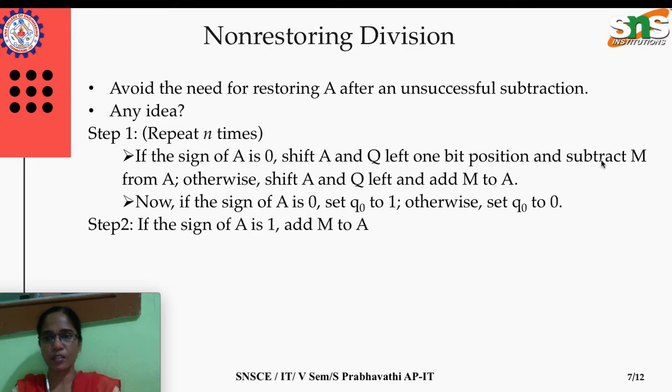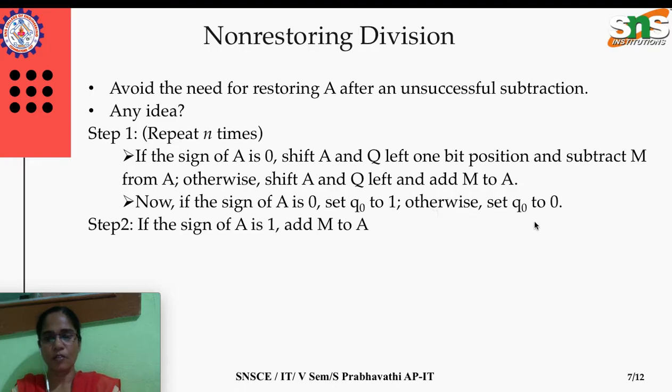Okay, so here the subtraction, here the addition, that's it. In each and every cycle it will be either addition or subtraction, we won't do both as in the restoring algorithm. Okay, so after doing this operation, if the sign bit of A is 0, set Q0 to 1.